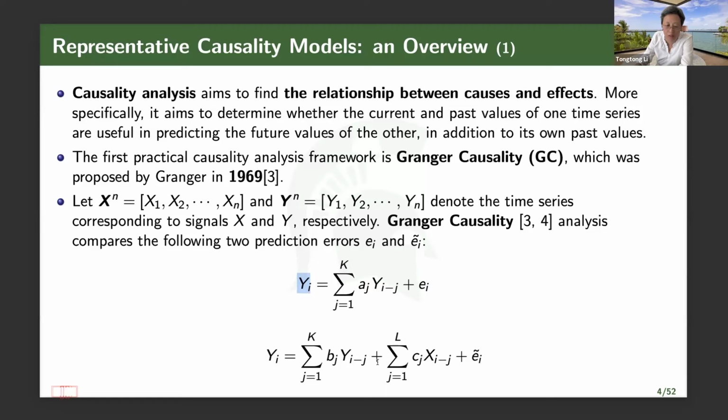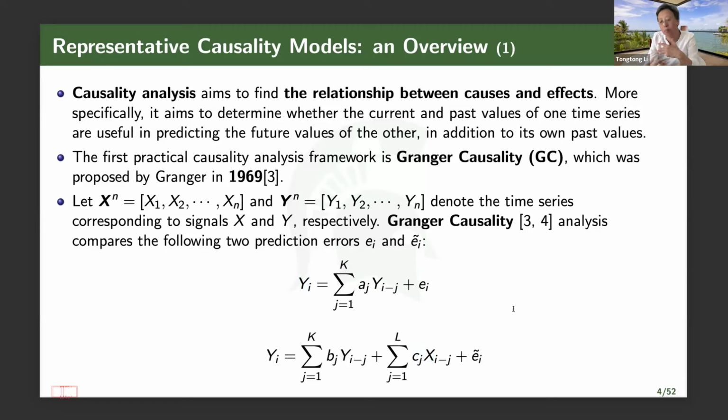And here is the error when we predict y_i with the previous values of x_i and y_i. If this new error is much smaller than the previous error, we say there is a causal relationship from x to y.